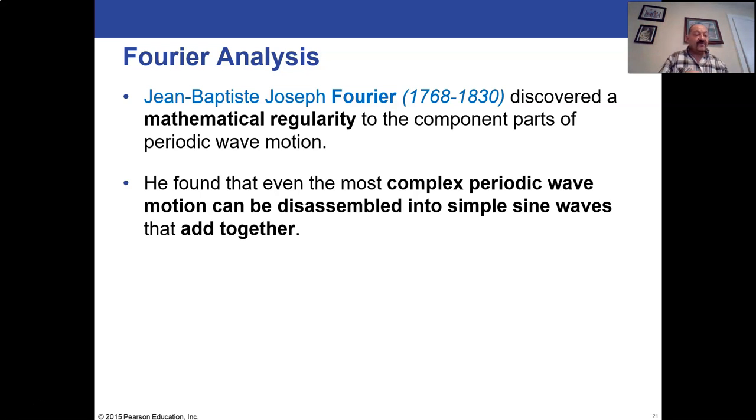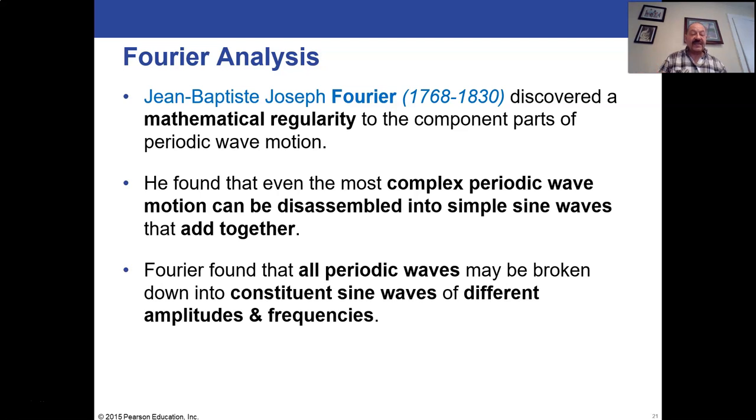And maybe you have 3 or 5 or 20 of these that will all add up to make some complex pattern that is actually generated mathematically and acoustically. He realized that if you analyze the math in a certain way that he invented, you could break these down into their constituent simple sine waves.